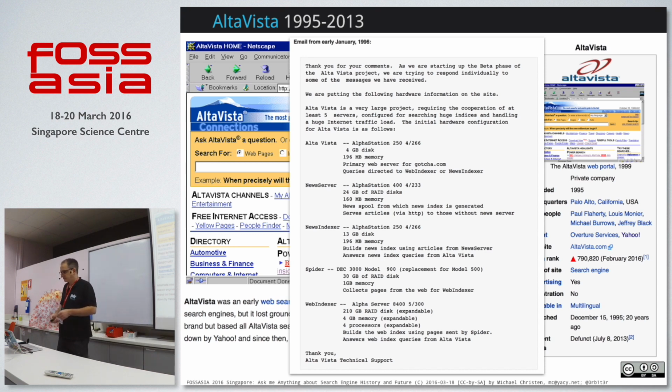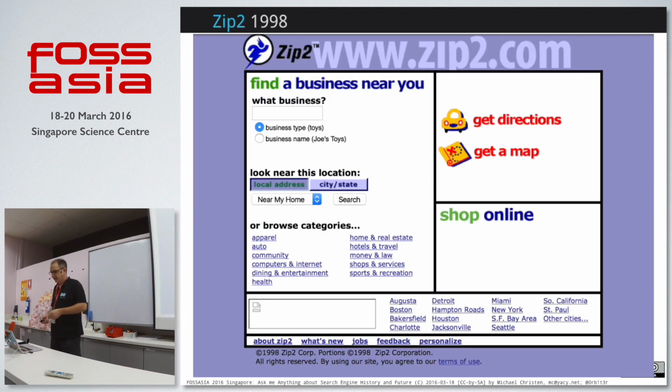But yeah, it worked. And Zip2 is not really considered as a search engine itself, but it's another good idea to show how search engines had been there to answer questions of the people. Zip2 was founded by Elon Musk, who then sold Zip2 to Yahoo. Was it Yahoo?